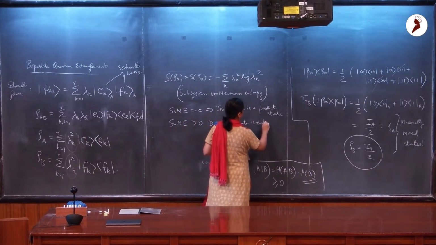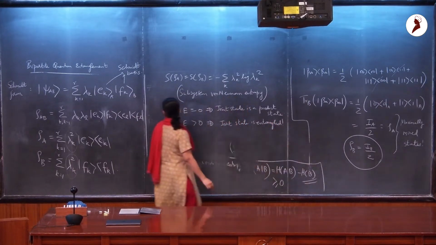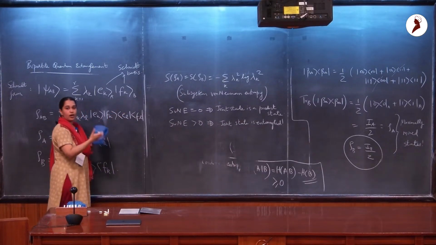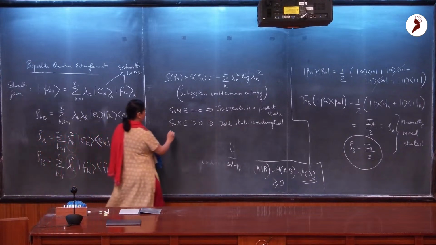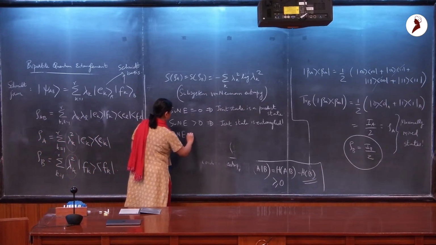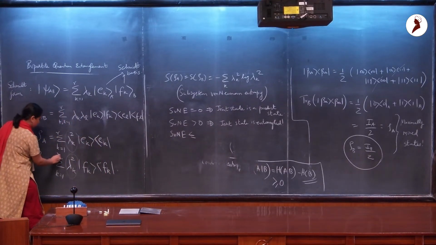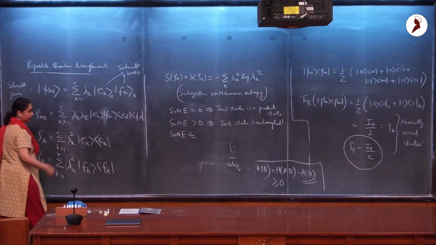And now you can ask what is the maximum value that this can take. Like I said, if this was dimension D1 and this was dimension D2, then you're constrained by the dimension of the smaller system, right? So the maximum that this can be is basically log R, because this is now a probability distribution over R discrete outcomes.